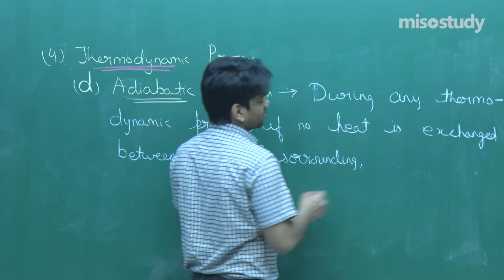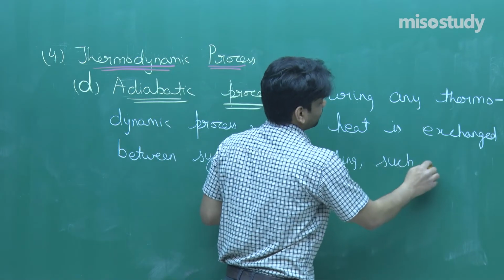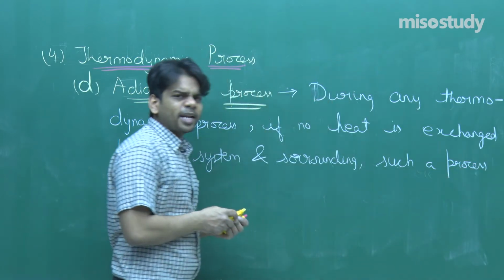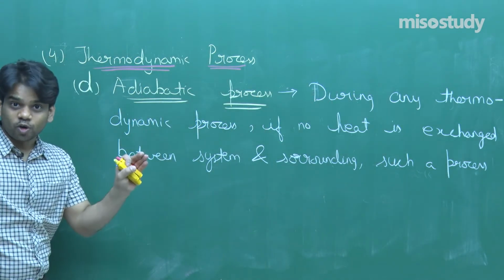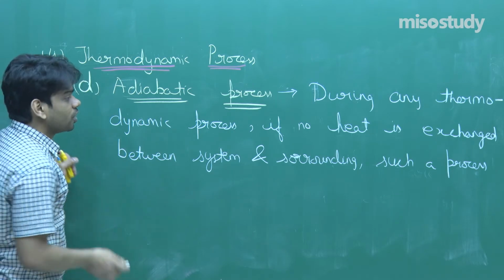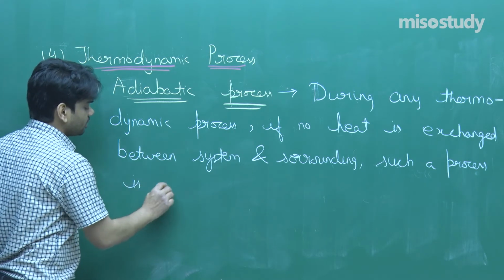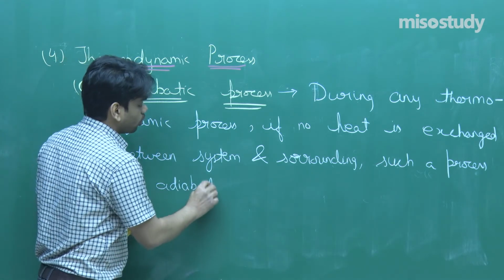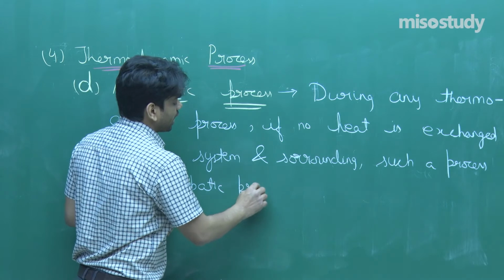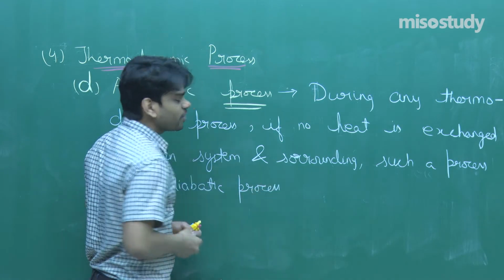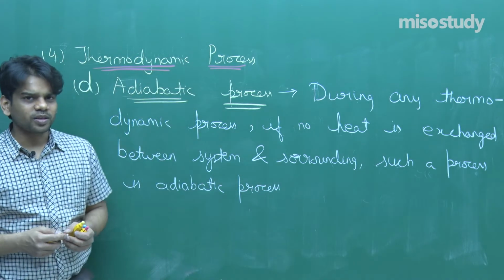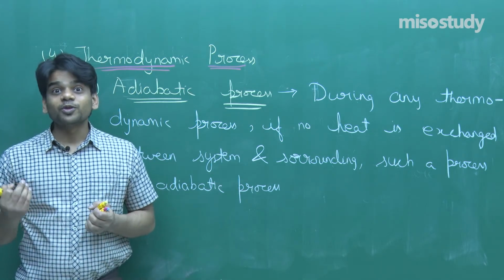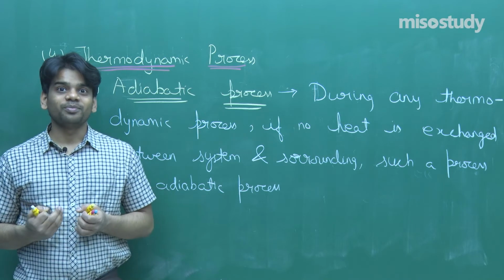Remember this term, adiabatic: no exchange of heat, that is, delta Q is 0. Hope that you have taken down all the four kinds of process that we should know. These are some standard processes. There can be processes in which pressure, volume and temperature may all change.